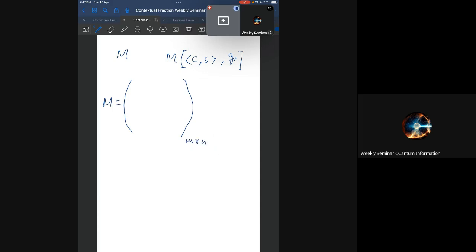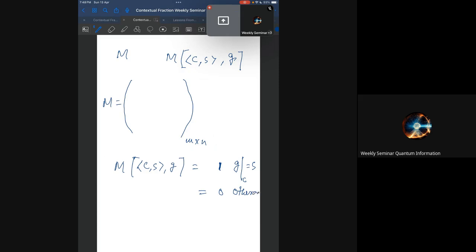Why I am introducing this kind of a matrix will be clear in a little bit. This M, which is a function of c, s and g, will take value 1 whenever g given c coincides with s. g is my global assignment, and from the global assignment, if I specify the context, and it returns the outcome of that context, then the value will be 1, otherwise the value will be 0 in this matrix.